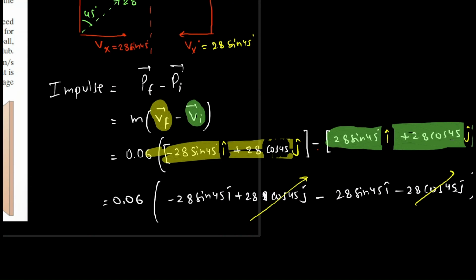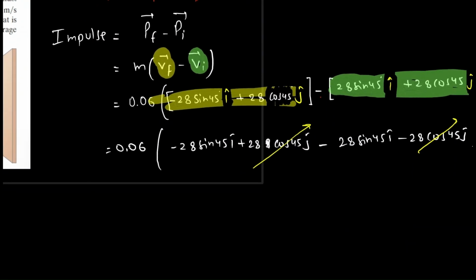Oh yeah, and then we can cross these two out. So the beauty of this method is that you not only get the magnitude, but the direction as well.